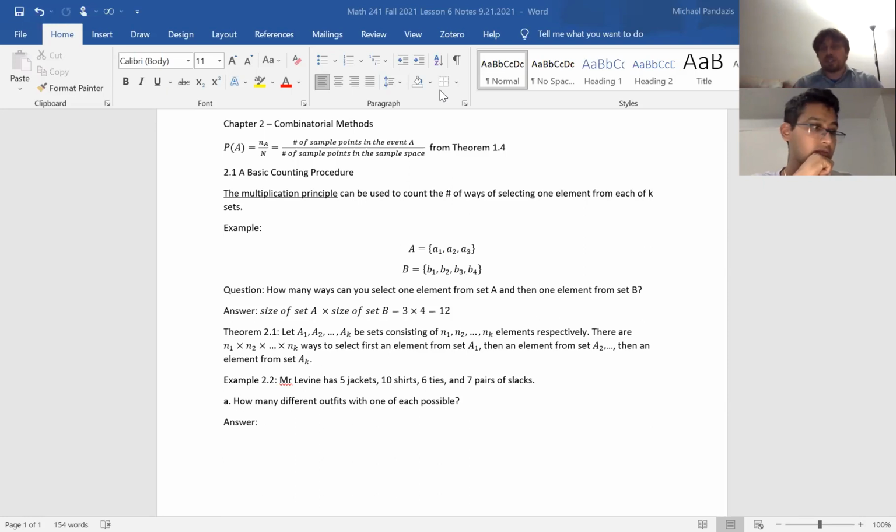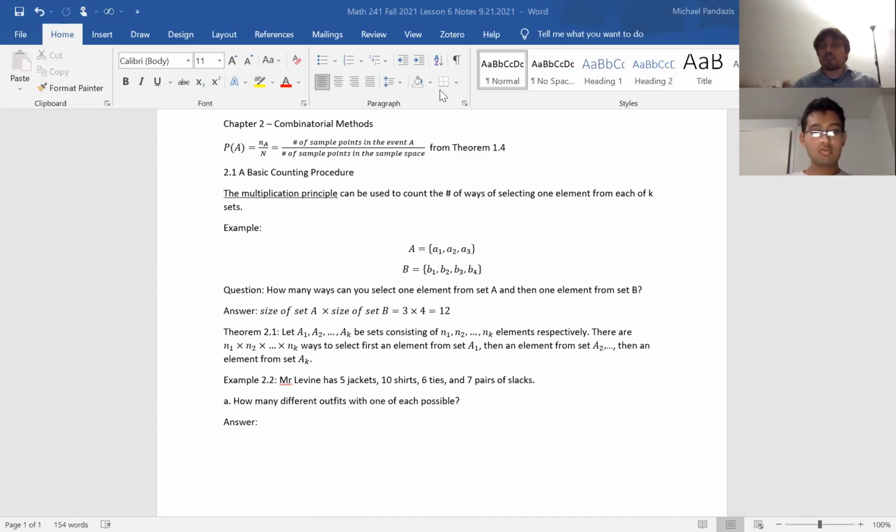When you translate all this information about outfits and jackets and shirts and ties and pairs of slacks into sets and the size of those sets, you can talk about the answers without talking about outfits, jackets, or shirts. So you can apply this situation to a much more general one and get the answer that way.